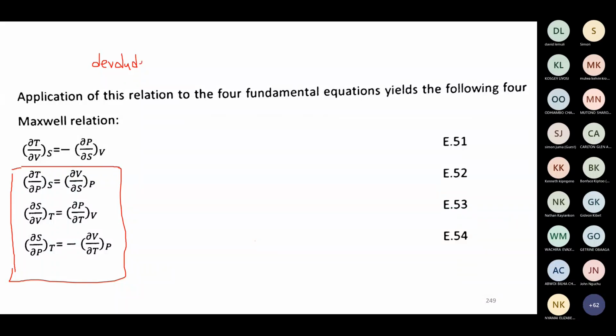So the address is devdude.me. So this is a dot here, and then /blog/Maxwell relations.